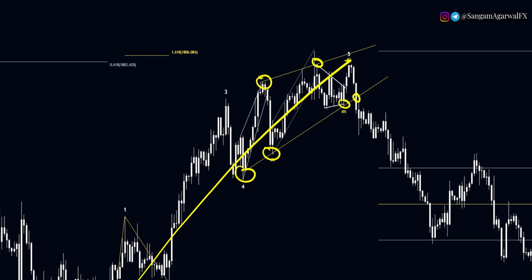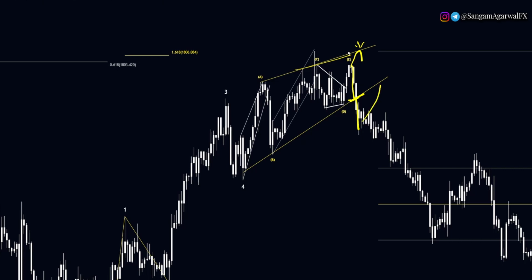Then you start selling, because it has two steps: either you sell on a retest of the upper trend line, which did not happen in this trend, or after a breakout of the lower trend line. And the third opportunity is a retest of this lower trend line. But this example did not give a retest of the lower trend line. Once the drop started, it kept dropping and did not stop.